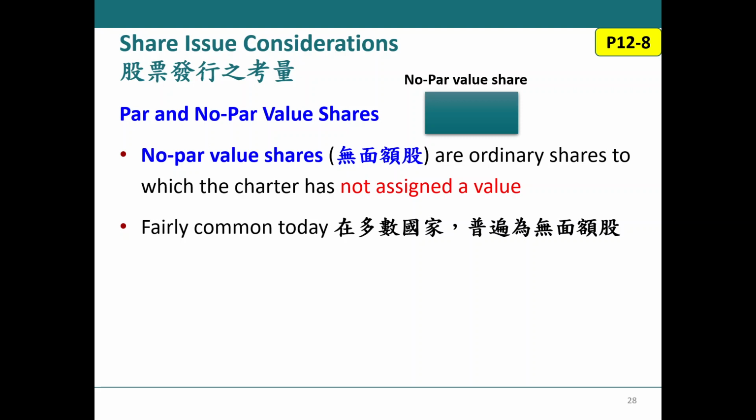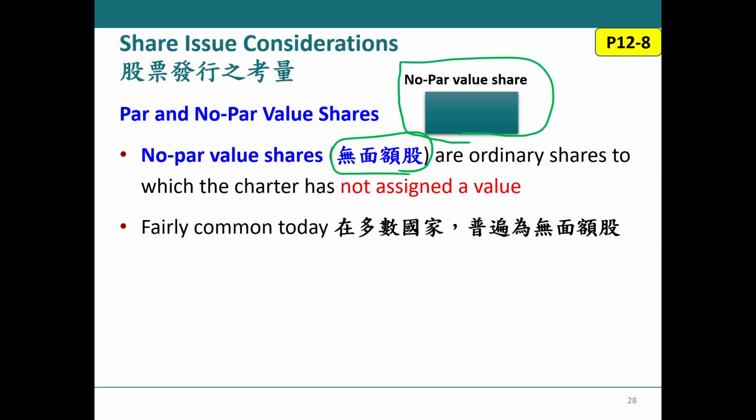Another way is, did you find out, no par value. On your page 28. So no par value shares, 无面额股, means what? You won't find any numbers on the shares.